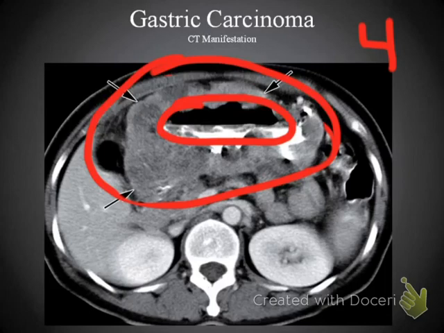Based on these findings, I would say that it would be safe to assume that this patient has a very poor prognosis, being in stage 4, and probably not much in the way of surgical intervention that could be done here.